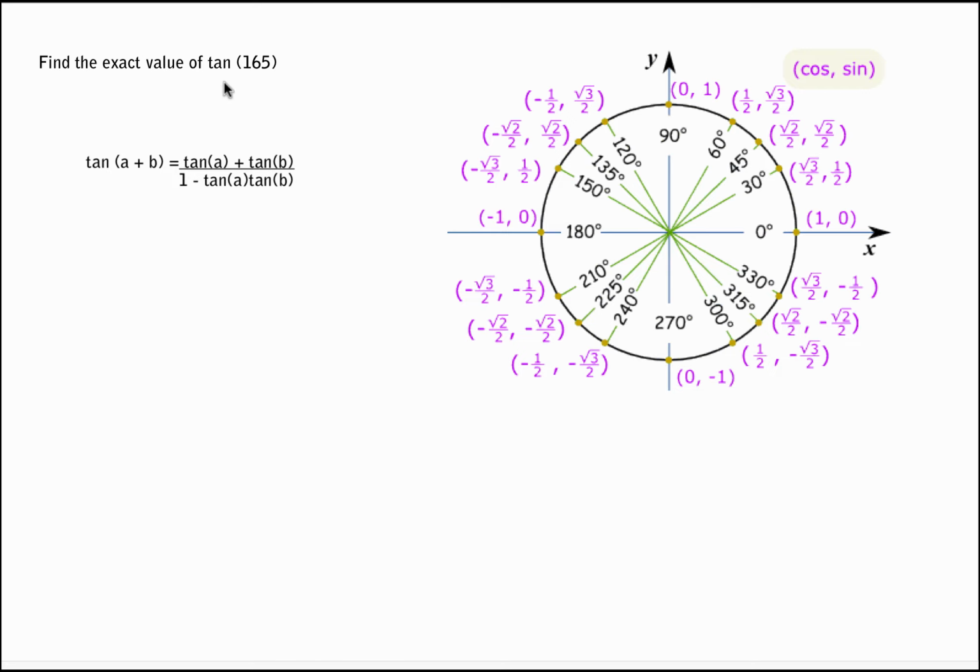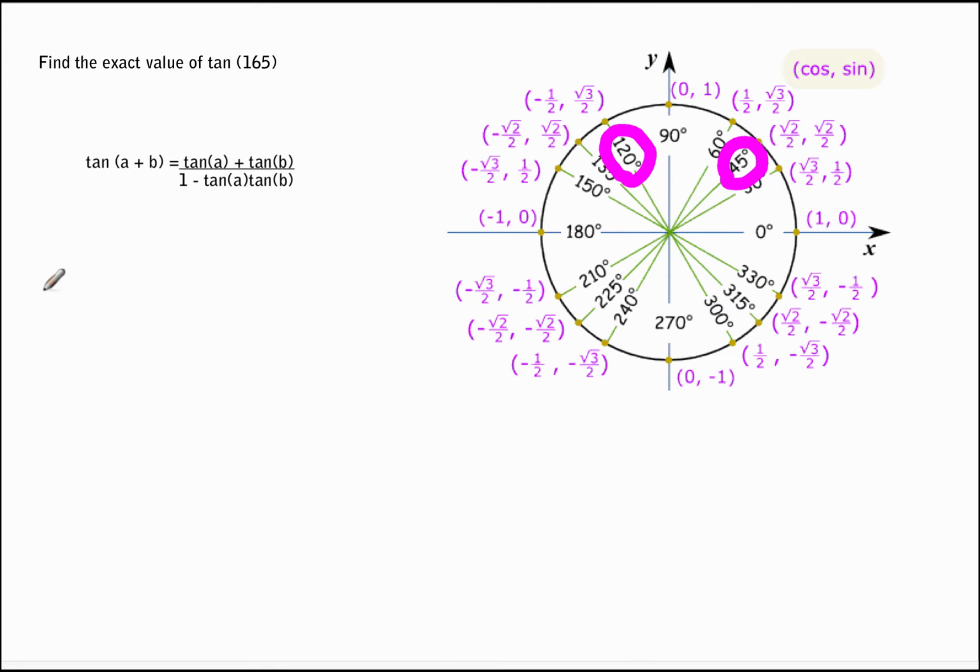And just to try one more, let's try the tangent of 165. So over here I have a better unit circle, and all I want to do is find out which of these angles can get me 165. Well, I see that if I take 45 and 120, that will get me 165.